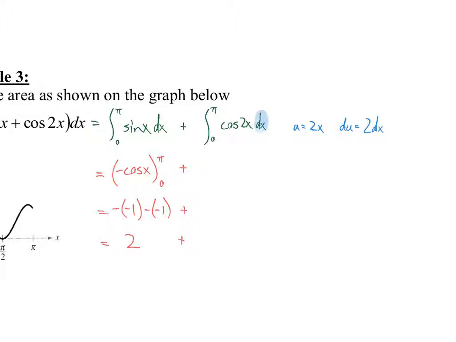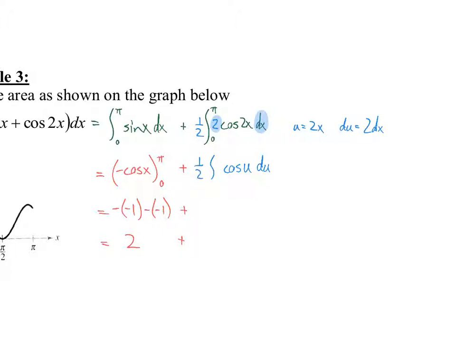I've got the dx, I'm missing a 2. Multiply it by 2 and then put in the 1/2. So I've got a half times the integral of cosine of u du. And now I need to change my bounds as well.